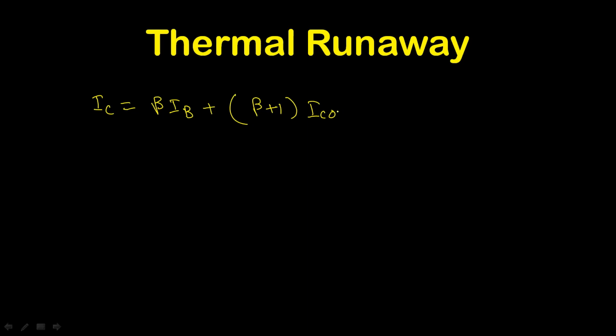And this parameter ICO is a strong function of temperature. That means when the temperature increases, the value of ICO will increase. ICO value increases by 2 times when there is a change in temperature of 10 degrees. That means for every 10 degree increase in temperature, the value of leakage current increases by 2 times.